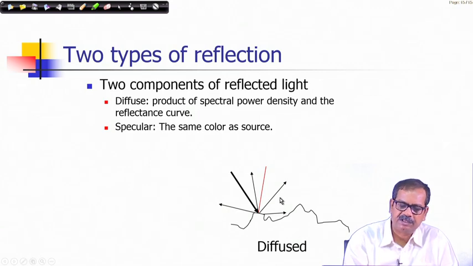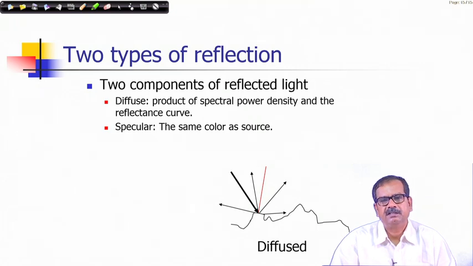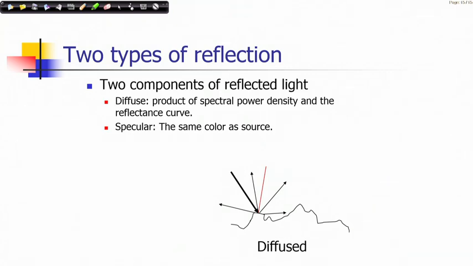In a diffuse reflection, as you can see, after reflection the incident energy is diffused, meaning it is reflected in all possible directions, with equal energy in an ideal diffuse surface. And you know that the amount of reflected energy depends upon the angle of incidence, in this case it is proportional to the cosine of the angle of incidence.